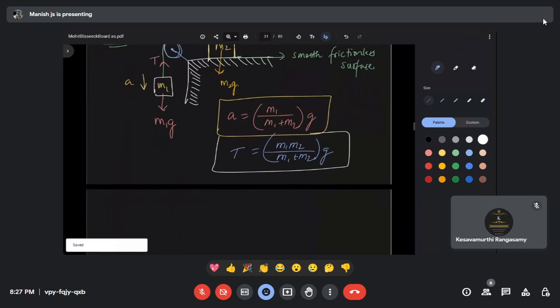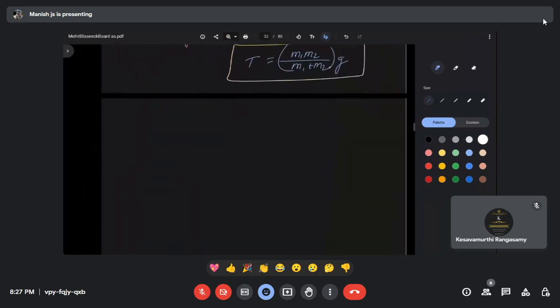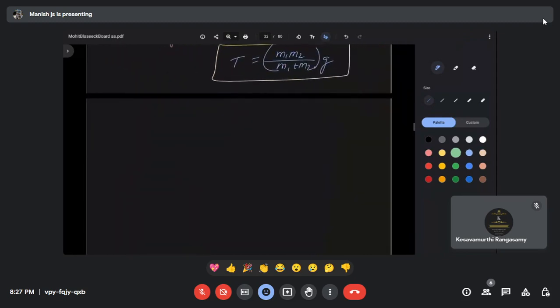Okay, and then we also have the motion of an object on an inclined plane. That's also quite important. So that is case 6, the next case. That's nothing but motion of an object on a smooth inclined plane.